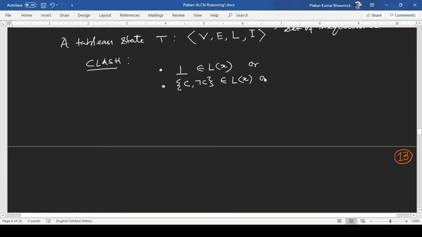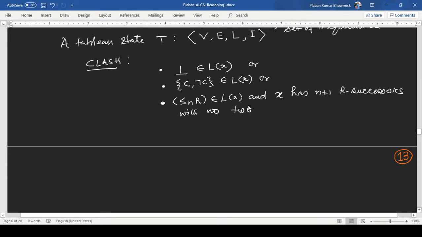And the third condition is that less than equal to N belongs to the LX and X has N plus 1 R successors, no two of which can be identified.